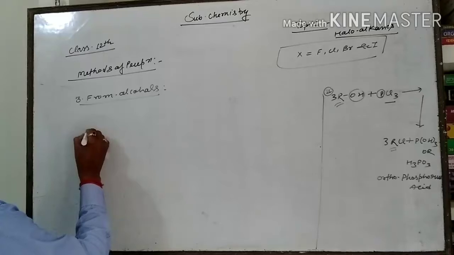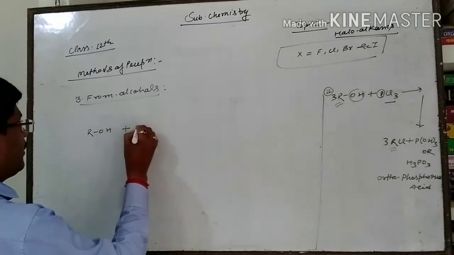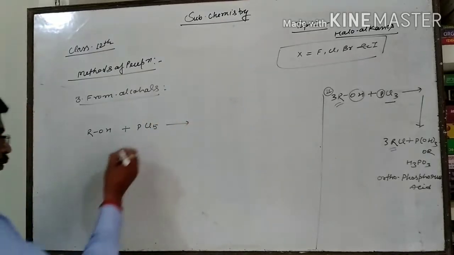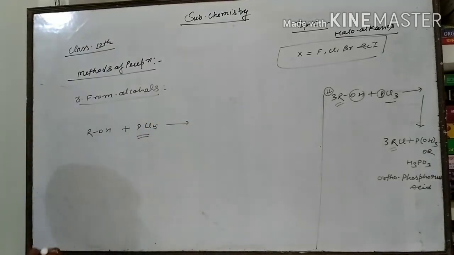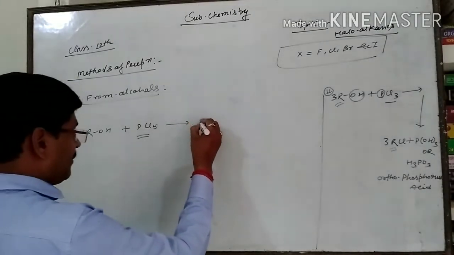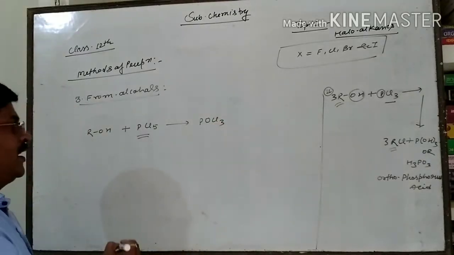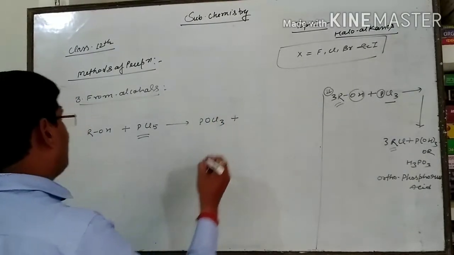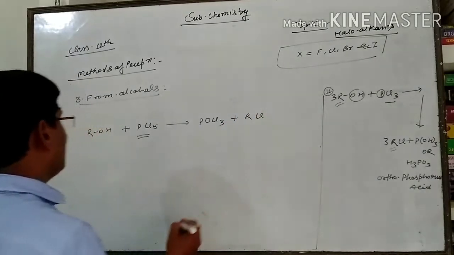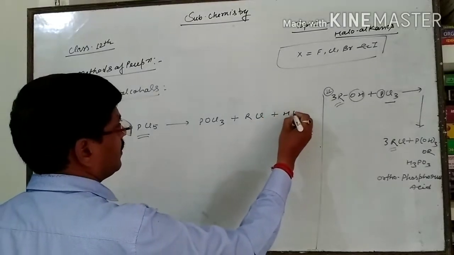suppose I have taken once again ROH, it means alcohol. I am going to react with PCl5. As you know, whenever phosphorus pentachloride reacts with alcohol, it gives, you have to remember, POCl3, phosphoryl chloride. After that, you have to prepare RCl, and then remains here HCl.